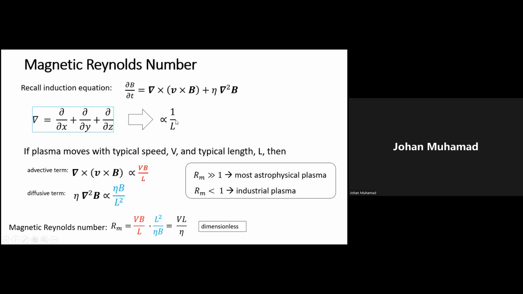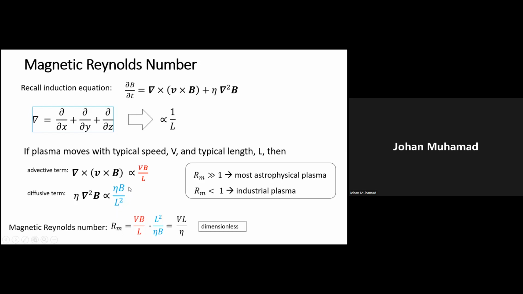And then the diffusive term will be eta times B, and because this is the nabla squared, we have l squared. This blue one is the diffusive term, and the red one is the advective term. So diffusive term means that there's a diffusion.